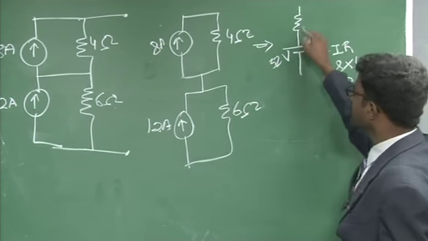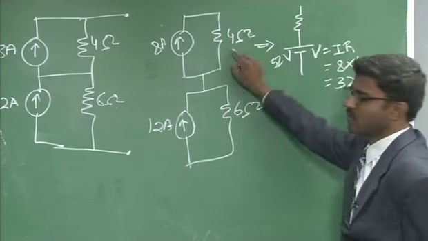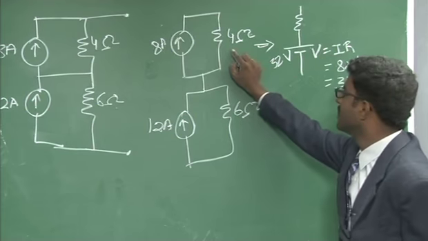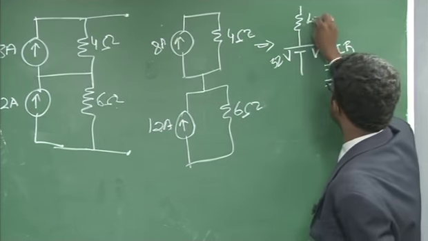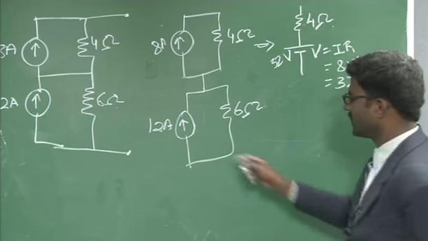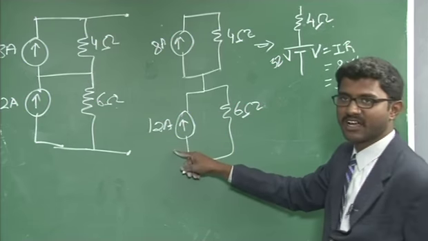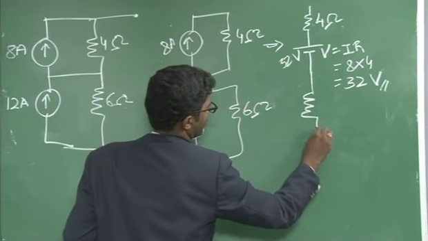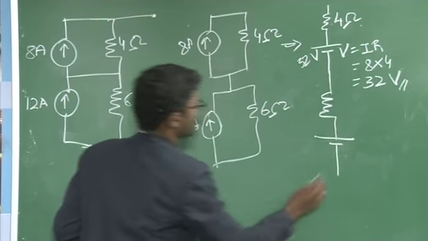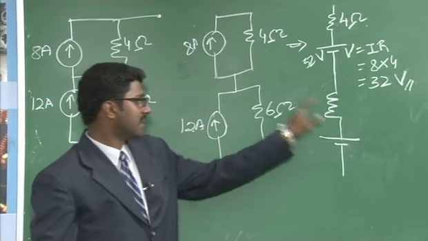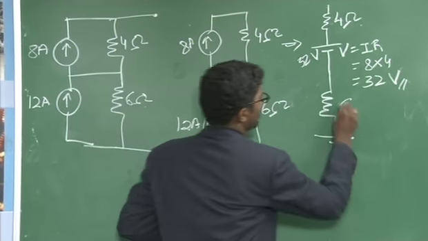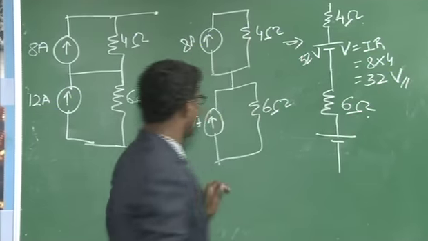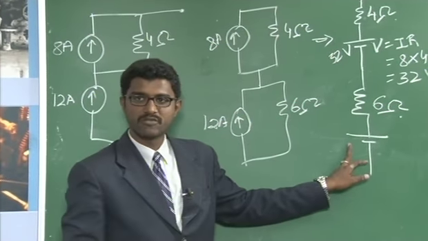Similarly, the resistance here will be the same as your source resistance in the current source, which is nothing but your 4 ohm. Then we will try converting the second current source in parallel with a resistance. Once again, it is nothing but a source resistance in series with a voltage source. The resistance will be the same as that of your source, that is 6 ohm, and we need to calculate the magnitude of this voltage source.